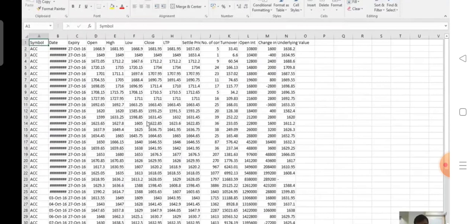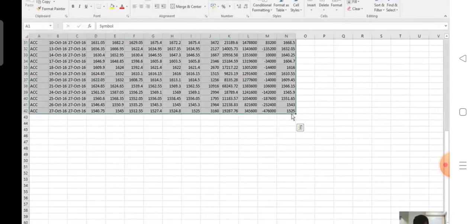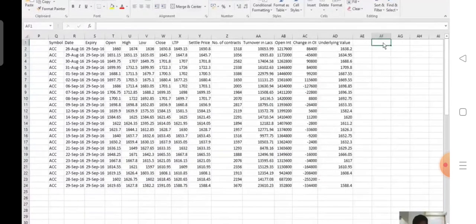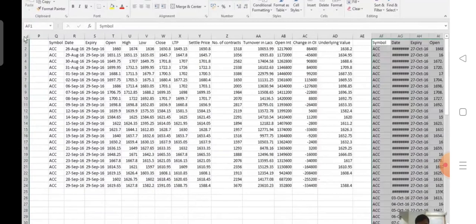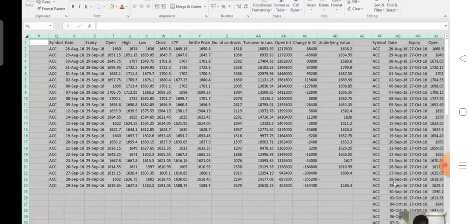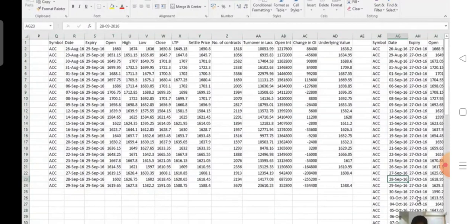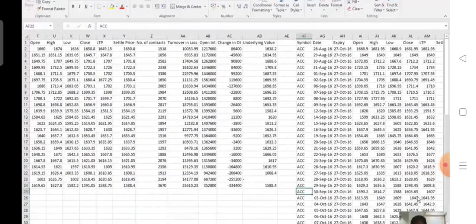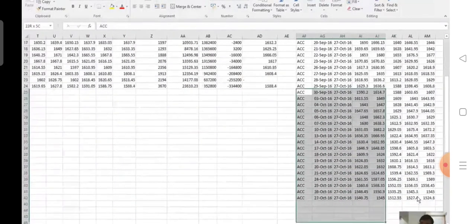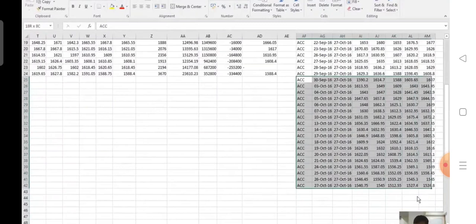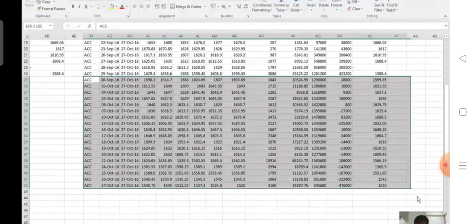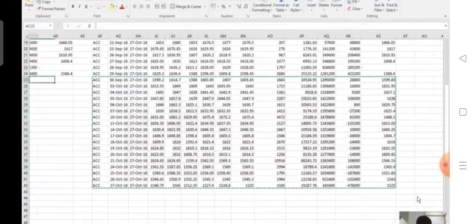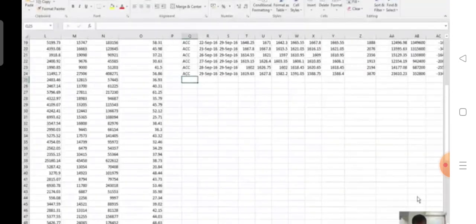Now you copy this and you can paste it here. So you have the second month data till September expiry, as well as first month data till October expiry. So why don't we use this data, Control X, cut this from here and paste it here.